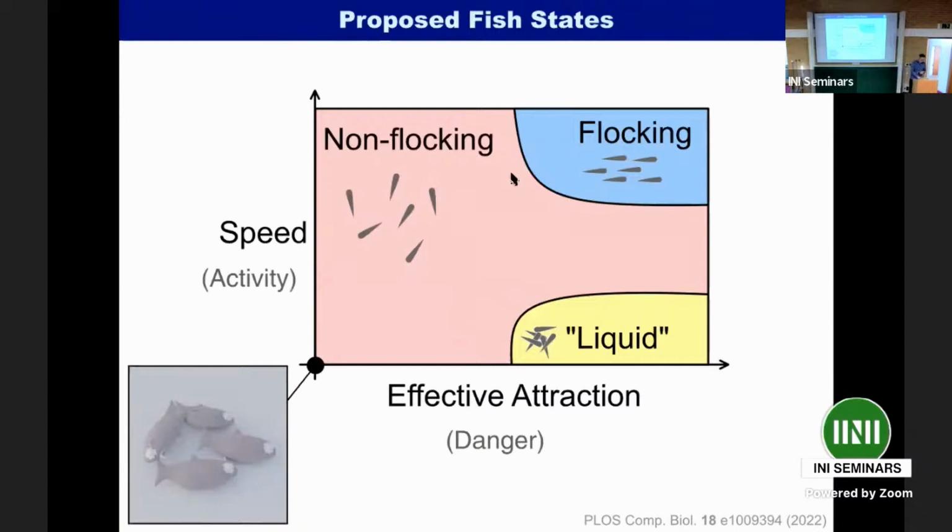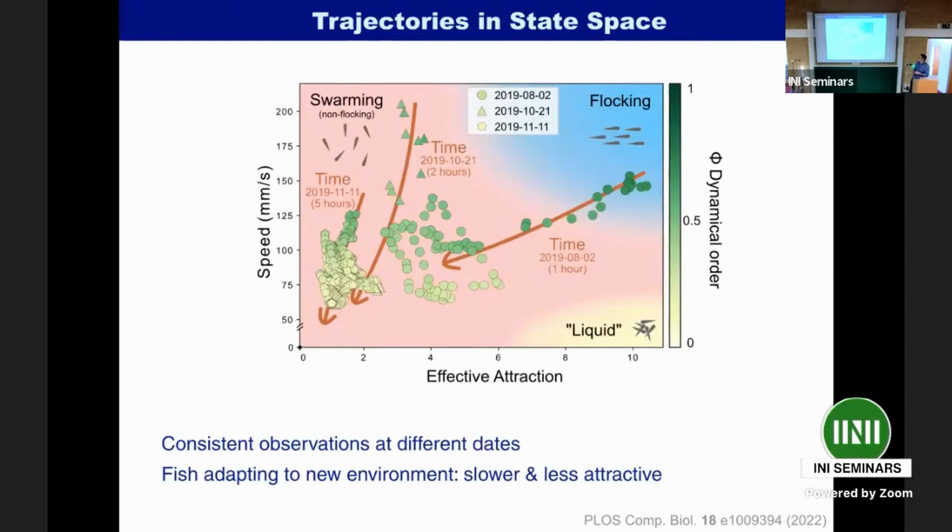Now, there might be a state where they're here, but then there might be a strong attraction between them. If, for example, they face danger, they might block if they're all going in this direction, or they might just be random. In fact, what we found is that the system changed its behaviour over time.